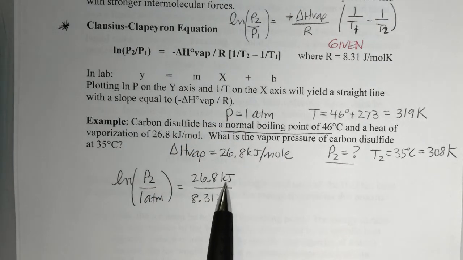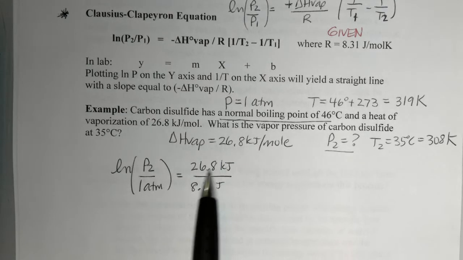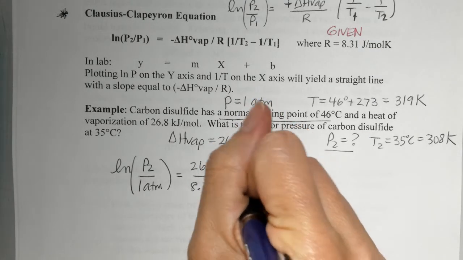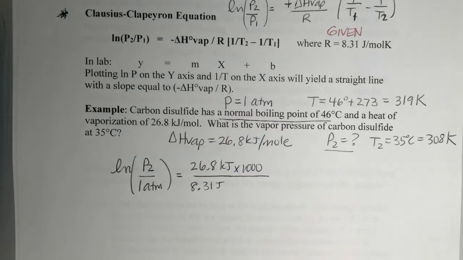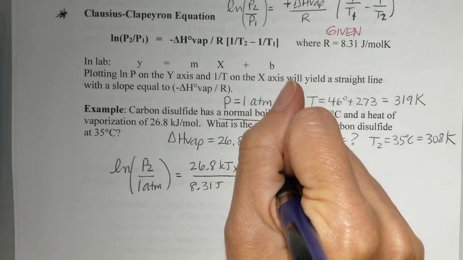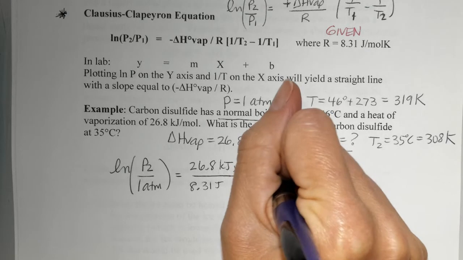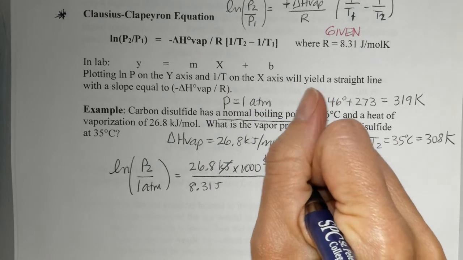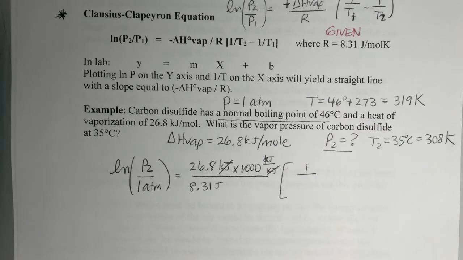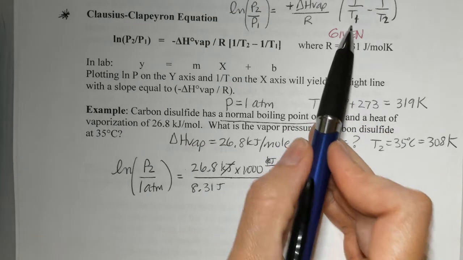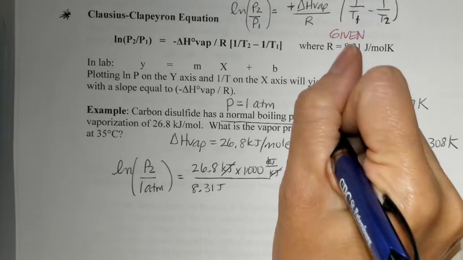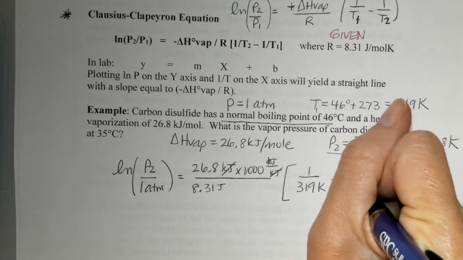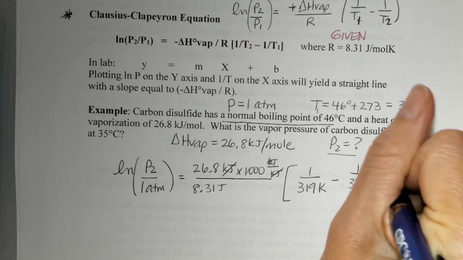Notice the energy unit isn't the same, so you typically need to multiply the heat of vaporization by 1,000 to get it into joules, which takes care of the kilojoules. And then in this parentheses, since we left it positive, we're going to do the inverse of T1 first. So T1 was 319 Kelvin minus the inverse of T2, 308 Kelvin.